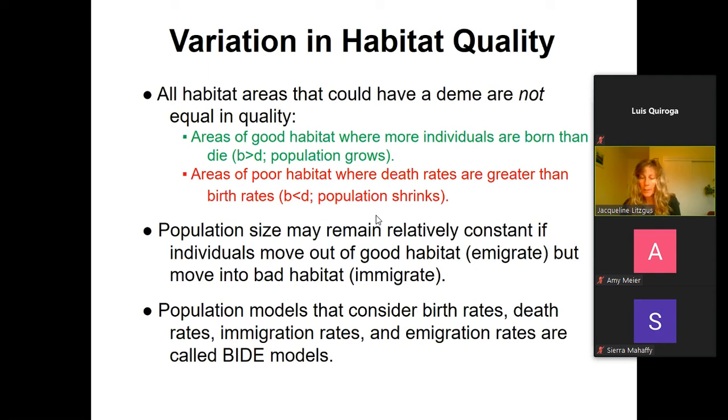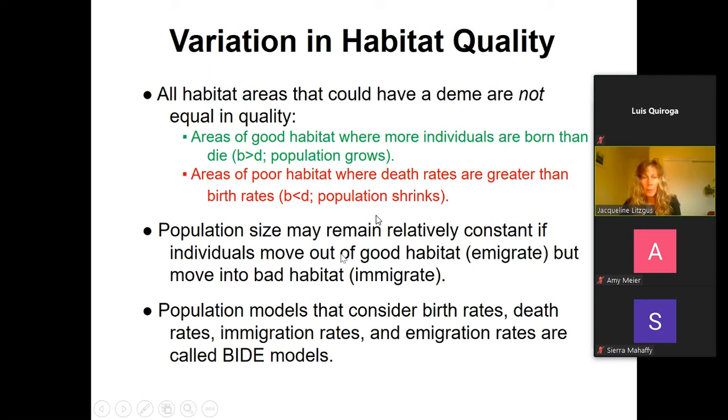These areas might remain relatively constant in population size, though, if you have individuals moving around. This idea of a metapopulation system is based on individuals being able to move sometimes. They can disperse between patches and move between demes, and hence the gene flow. So population size overall, the whole metapopulation, might remain relatively constant if individuals are moving.